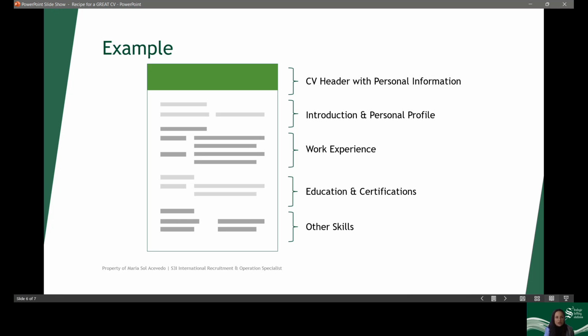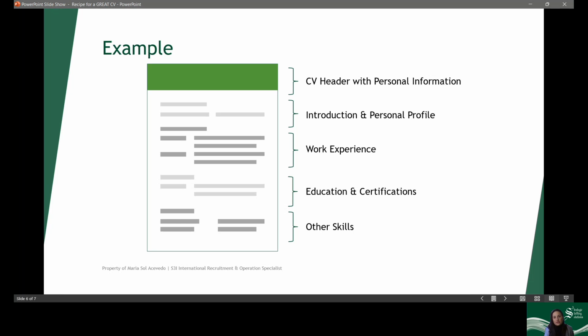When analyzing the structure of a CV, this is how it would look. So going into the details, as I said at the beginning, in the header, we will have our personal information, such as our name, our surname, our job title, if that's the option, and our contact information, like a phone number, email address, the social media link if we have one, and so on.